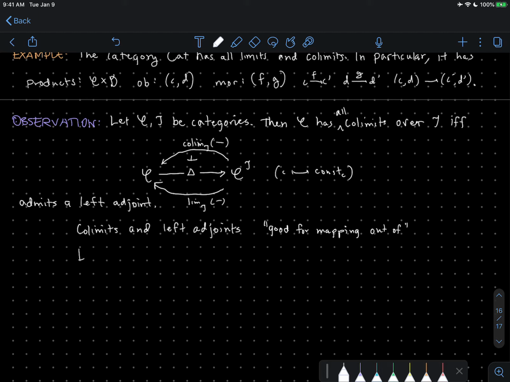And both limits and right adjoints are good for mapping into.